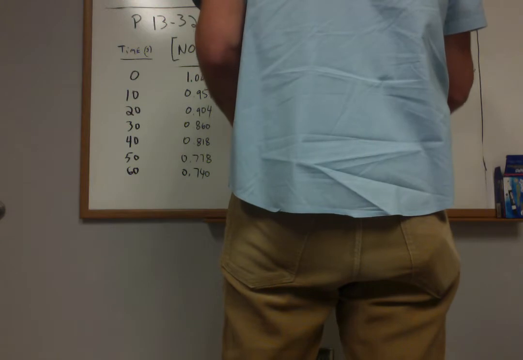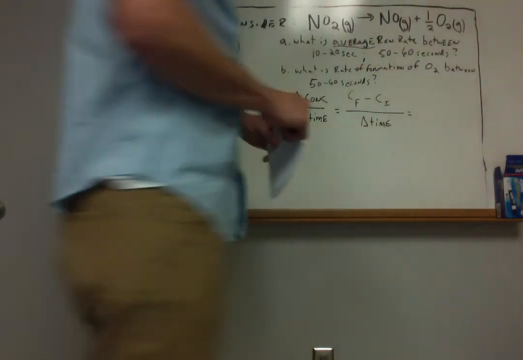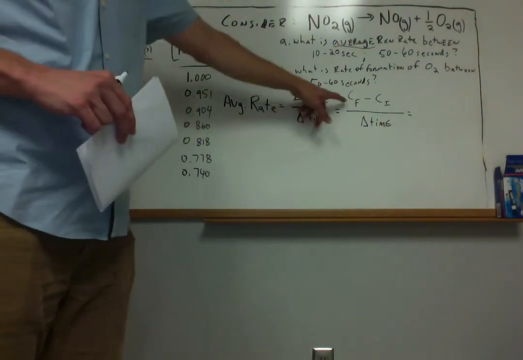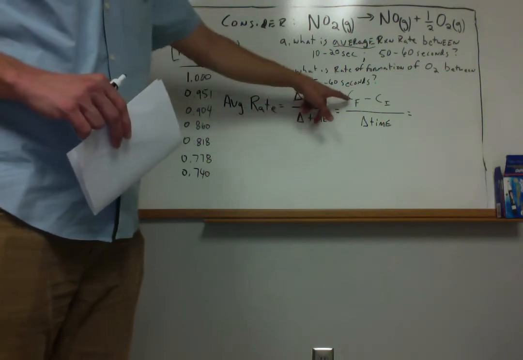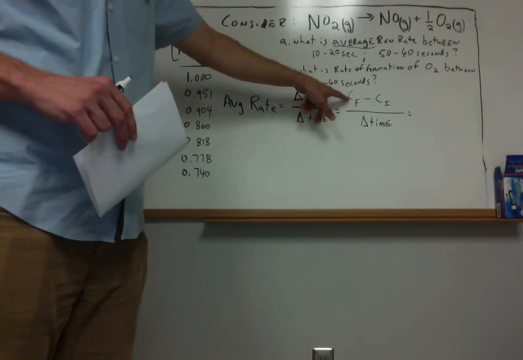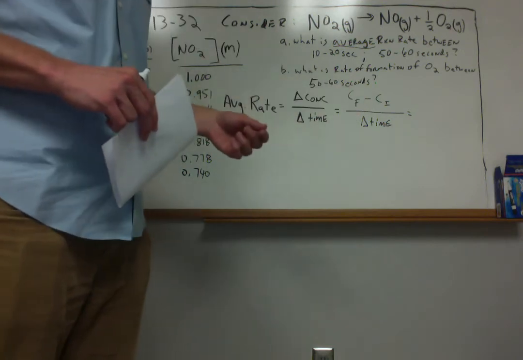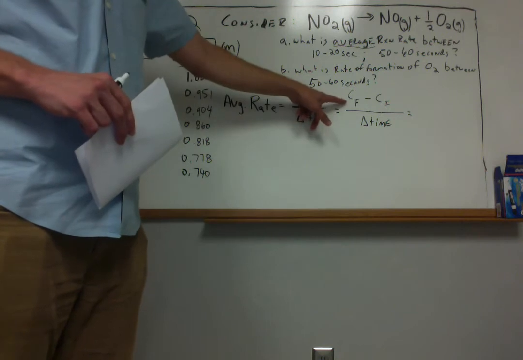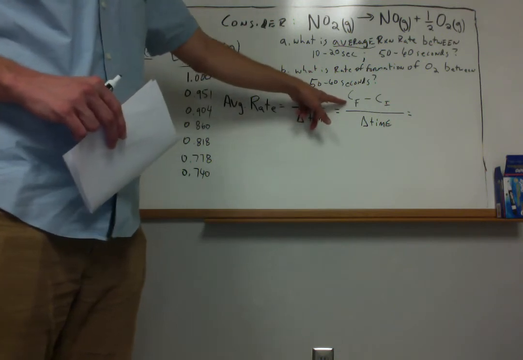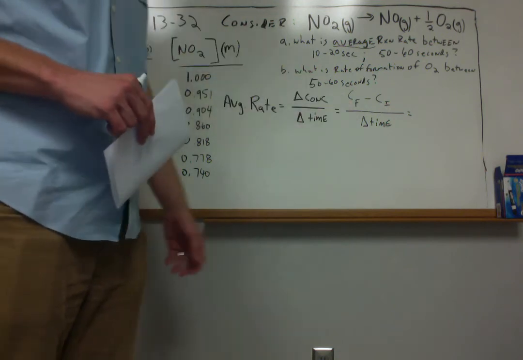I'm going to update that equation a little bit, and instead of writing changing concentration, I'm going to expand that to final concentration minus the initial, because if you think about how much the concentration changes, this really defines that for us. Final condition minus the initial condition.